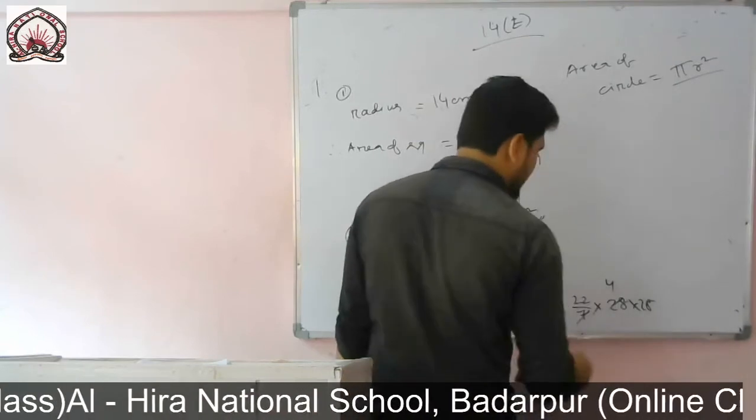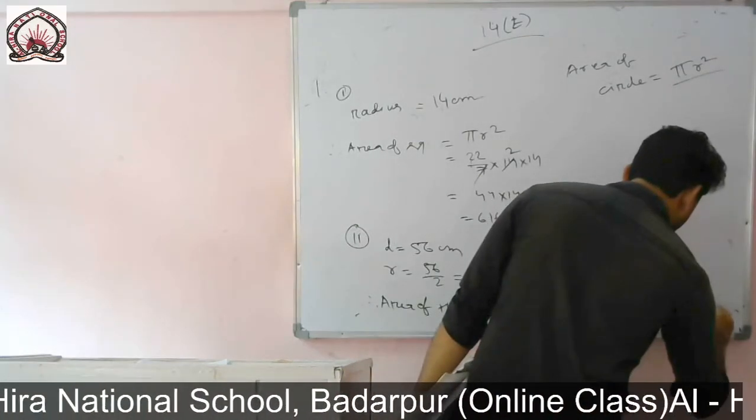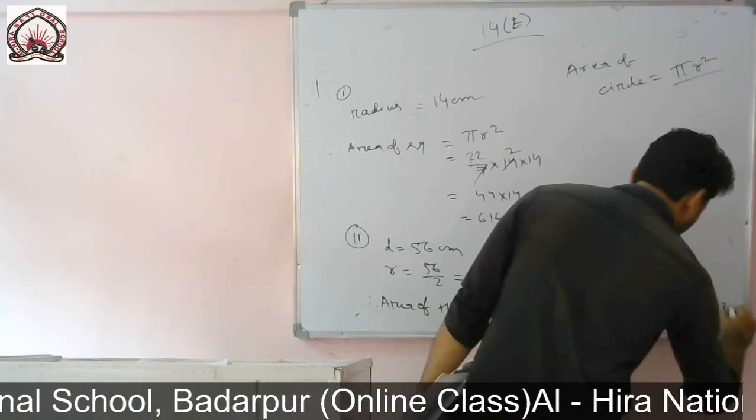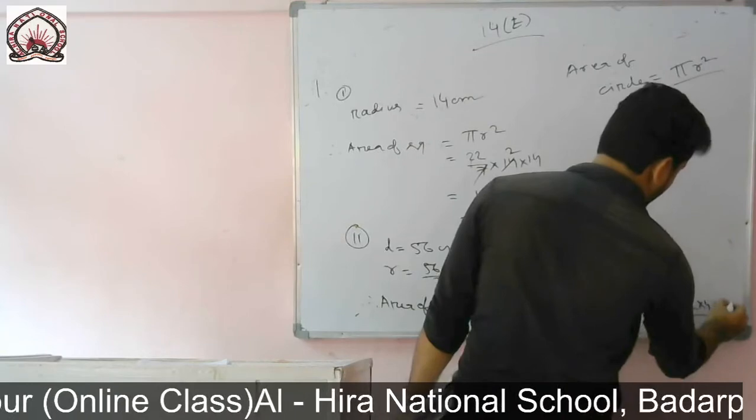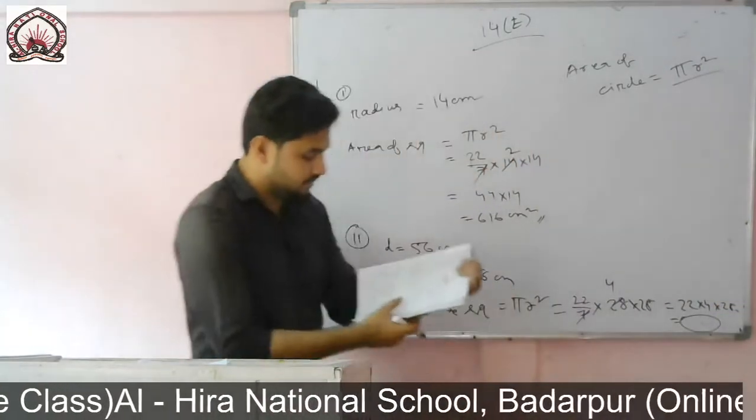You get 4, then we multiply 22 into 4 into 28. If you multiply, then you will get the answer.